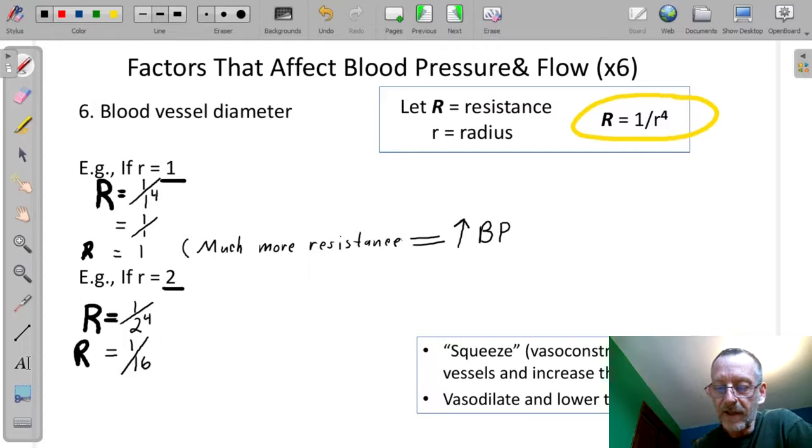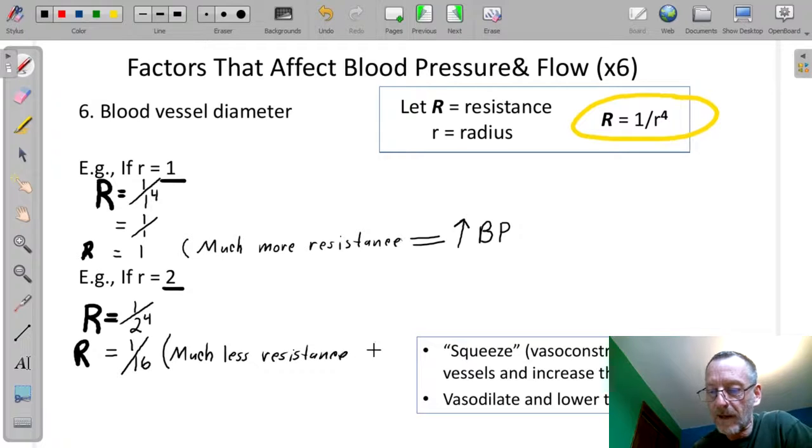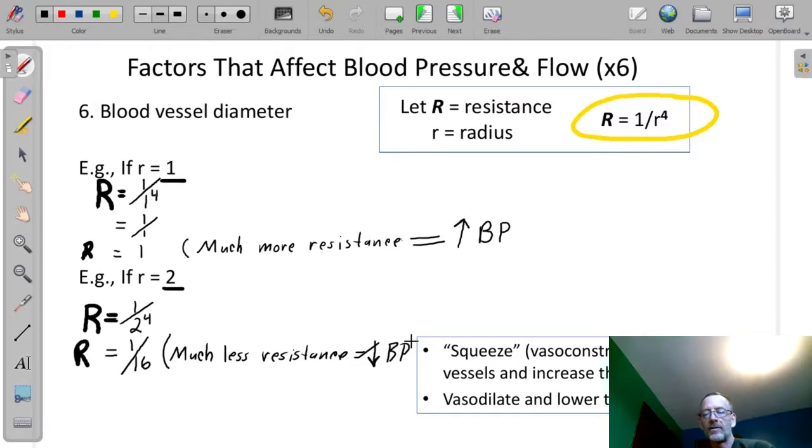And conversely, this one had much less resistance. And that translated into lower blood pressure. So vasoconstriction increases blood pressure. Vasodilation lowers blood pressure. That is a very important relationship. We will be dealing with it frequently.